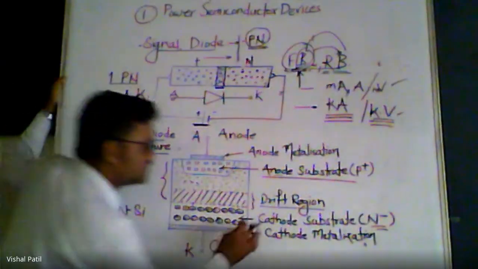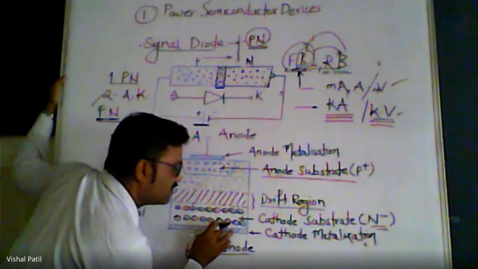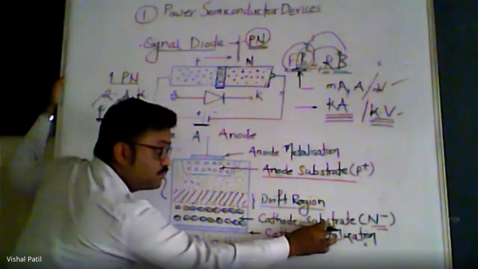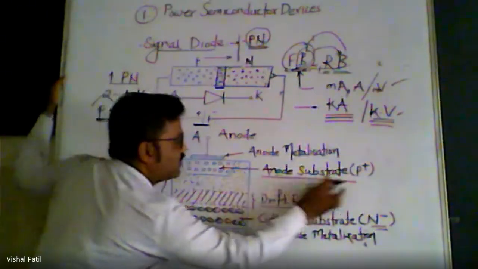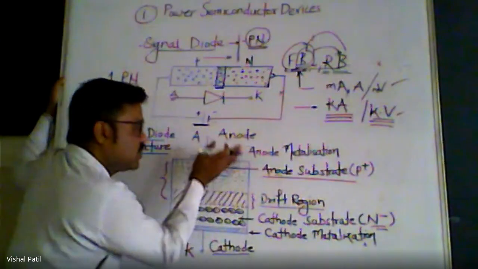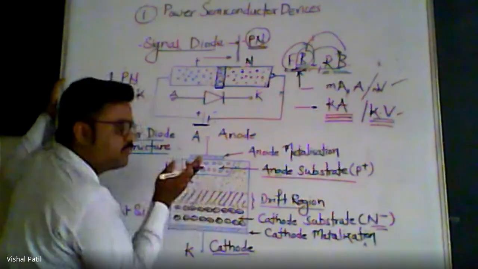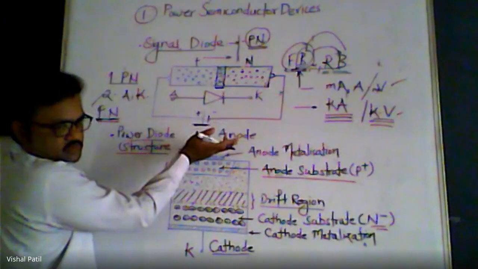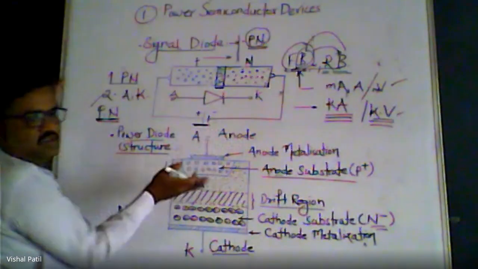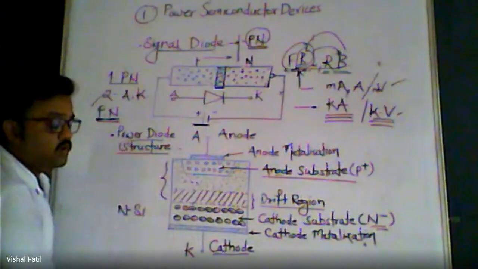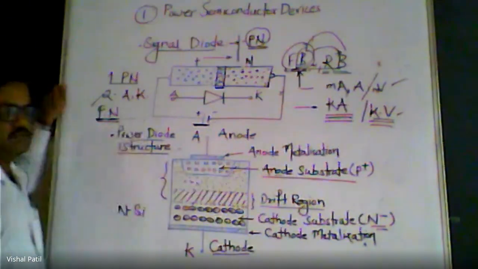This is the cathode substrate, this is the drift region in which the cathode substrate will grow epitaxially, and this is the anode substrate. There is no meaning in growing the anode substrate towards the cathode, but the cathode itself will grow towards the anode substrate. That is the natural behavior of the cathode substrate to grow towards the anode substrate.